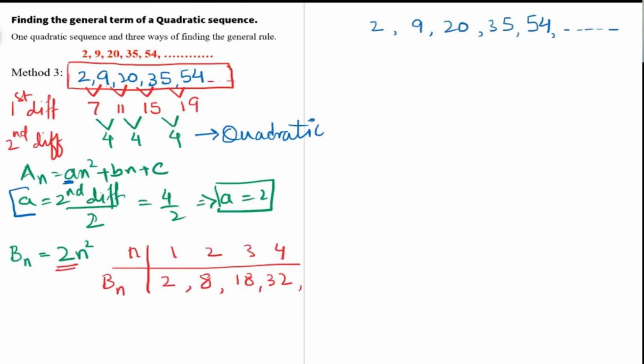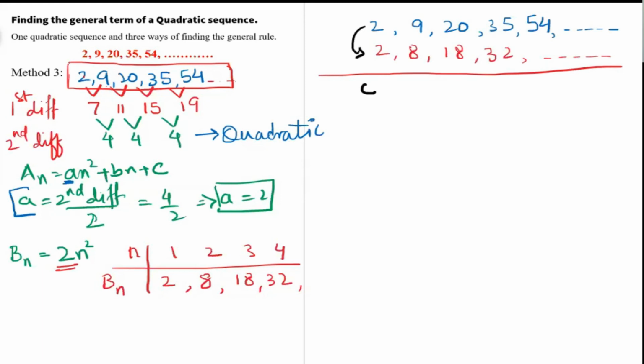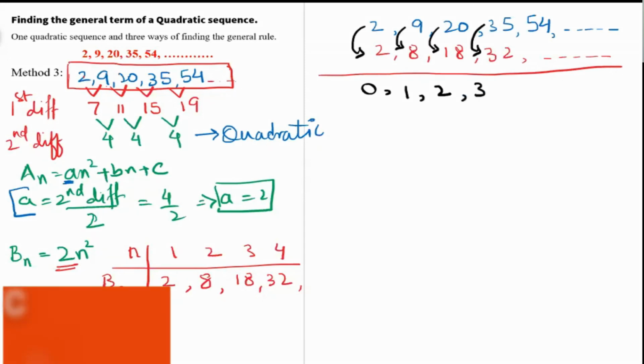And the sequence that we generated now is 2, 8, 18, 32, and so on. I'm going to take the difference of the two sequences. So 2 minus 2 is 0, 9 minus 8 is 1, 20 minus 18 is 2, 35 minus 32 is 3, and so on.